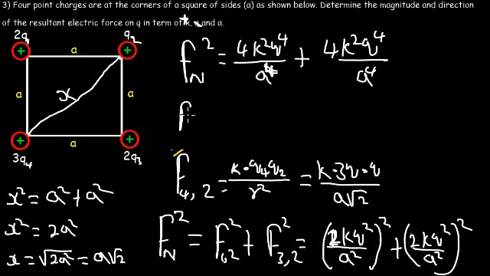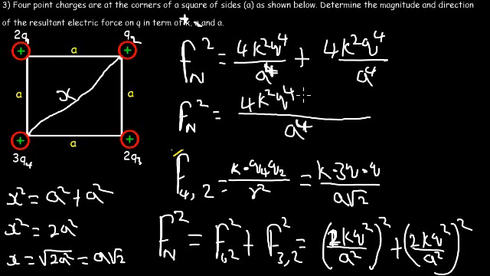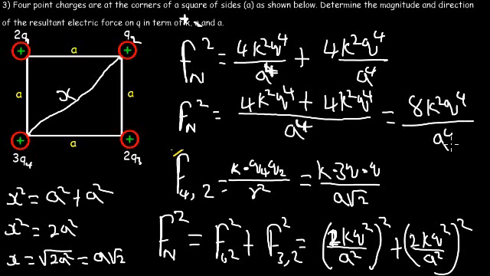So the next is to find the LCM. The LCM will still remain a raised to the 4. And I should have it equal to 4k squared q raised to the 4 plus 4k squared q raised to the 4, which is indeed the same as 8k squared q raised to the 4 divided by a raised to the 4.